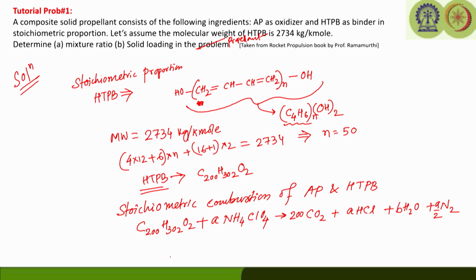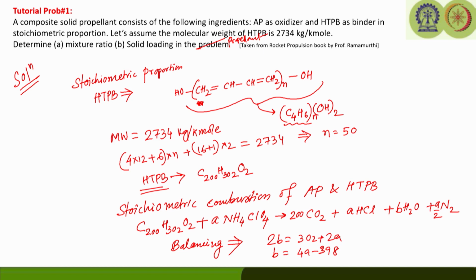So, we need to balance this reaction and solve for it. If we solve it, we will end up getting 2B equal to 302 plus 2A. So, B equal to 4A minus 398.